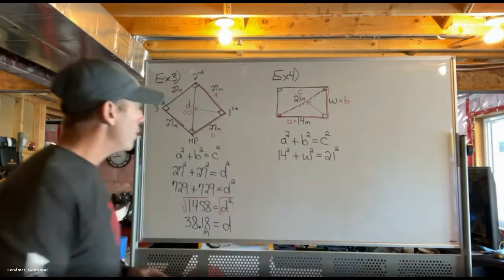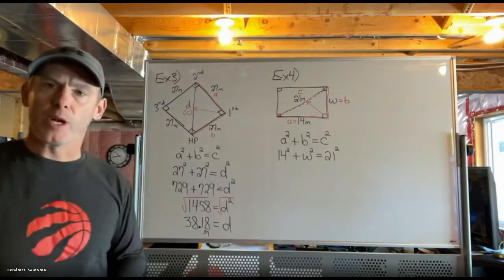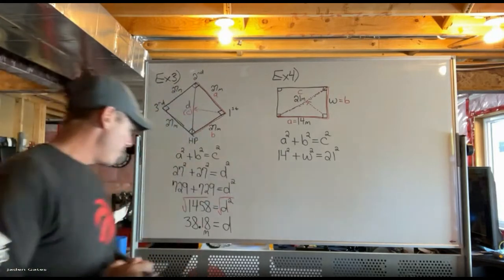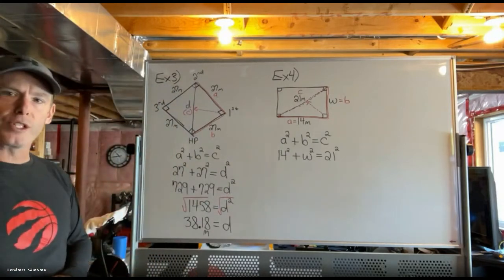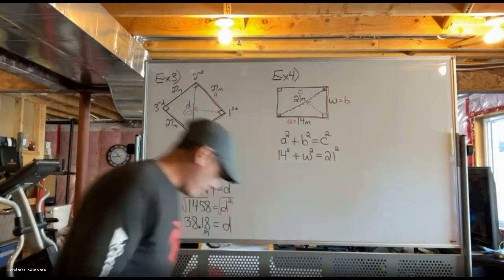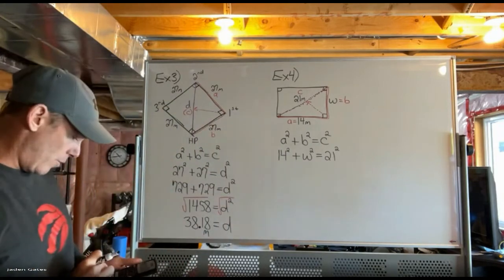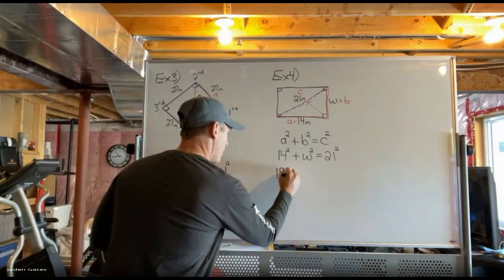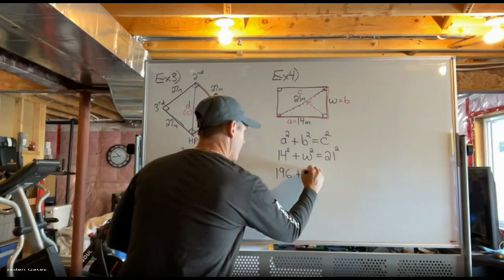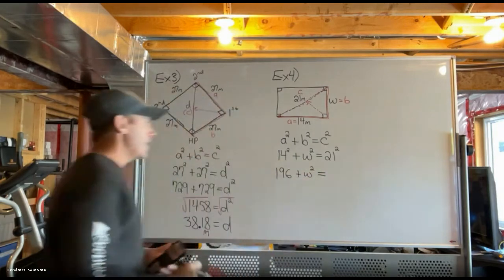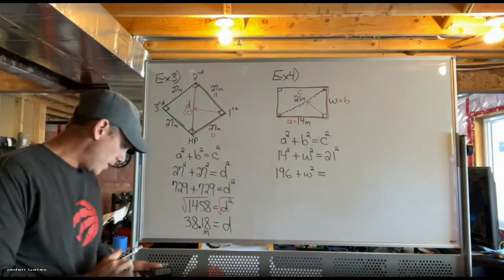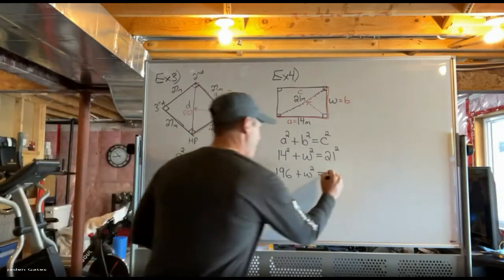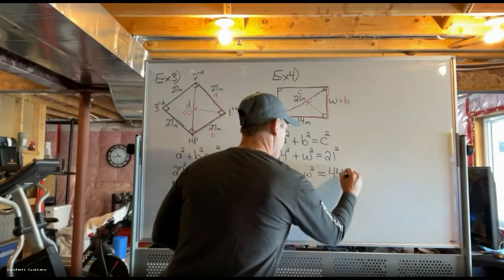I like when I can figure things out, I'm going to calculate them. So I got a 14 squared. That's 14 times 14, which is 196, plus W squared. And then 21 squared, 21 times 21 is 441.